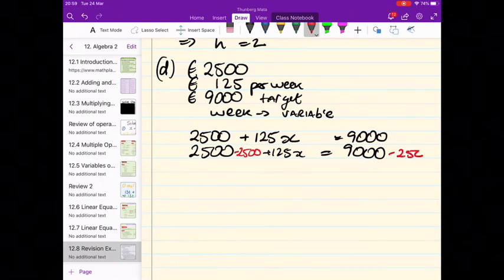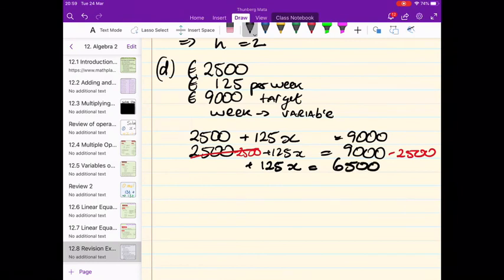Now I want variables on one side and I want numbers on the other. So I get them to cancel out and I now have 125x is equal to, why is my brain not working, 6,500. Yeah, 6,500.